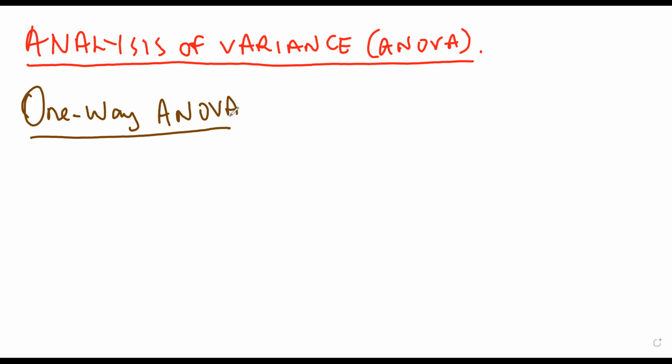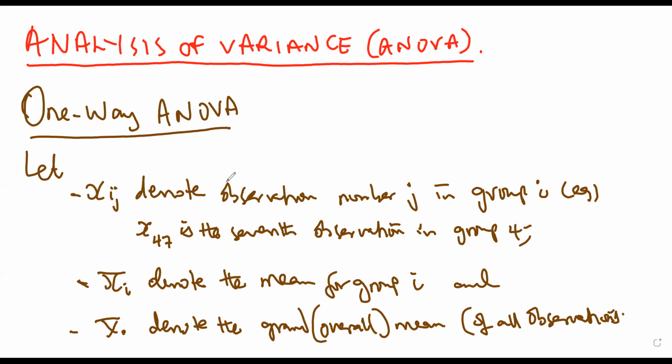So we start by defining the notations. Let xij denote observation number j in group i.